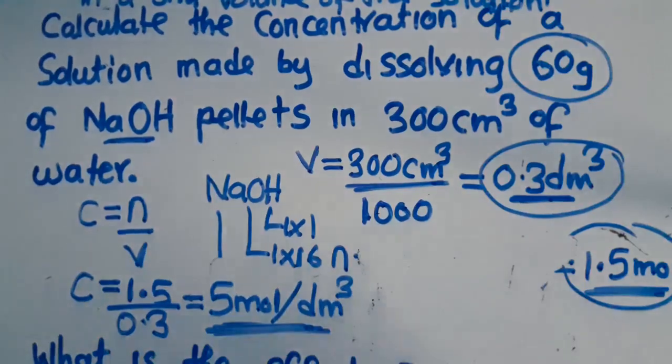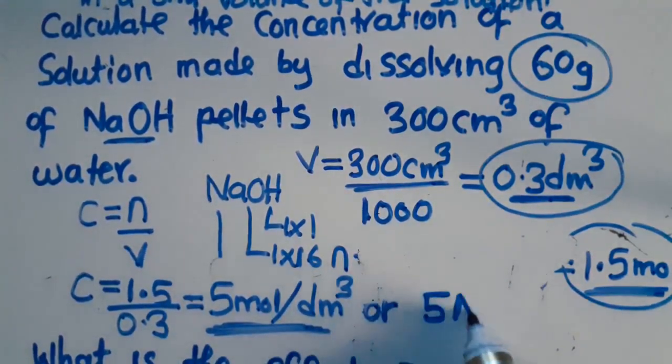If you want, this can also be written as 5 molar. It is just one and the same thing. Hope you've seen the way I've calculated this. This is how you need to calculate, and this is what you need to get and understand. So this is the answer.